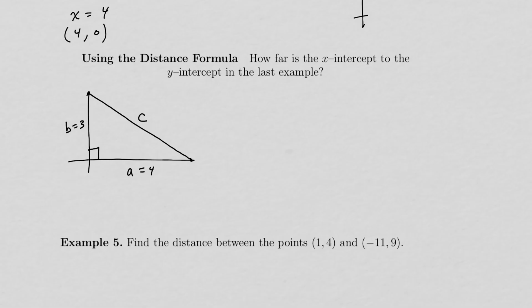Then we can use the Pythagorean theorem, which says that the length of one leg squared, so say A squared, plus the length of the other leg squared is equal to the length of the hypotenuse squared.